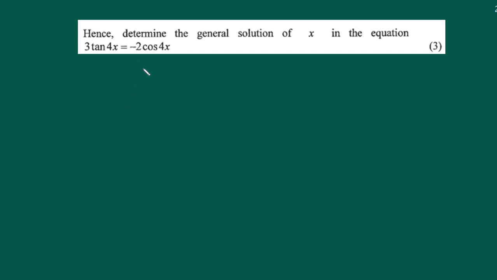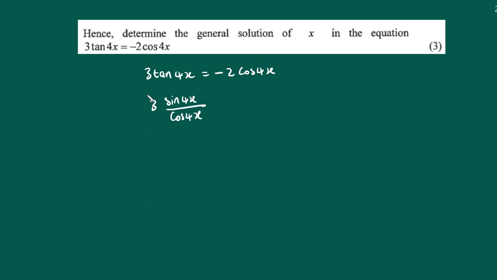Right, if you have 3 tan 4x is equal to negative 2 cos 4x. Now this immediately doesn't look like any that we dealt with, but we can rewrite this tan as sine 4x divided by cos 4x.